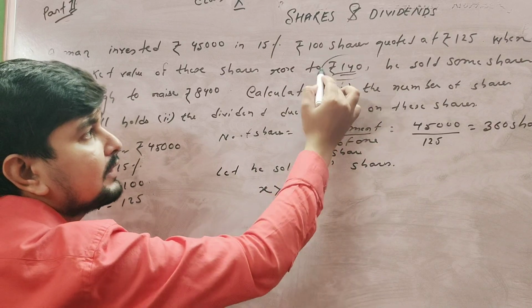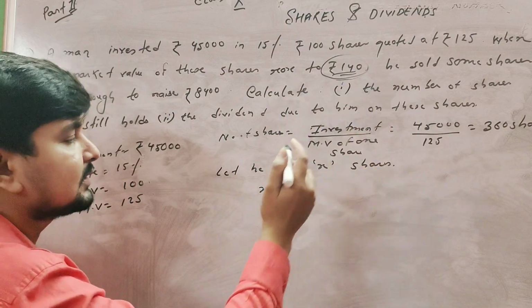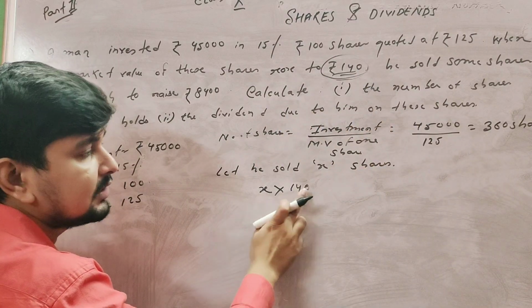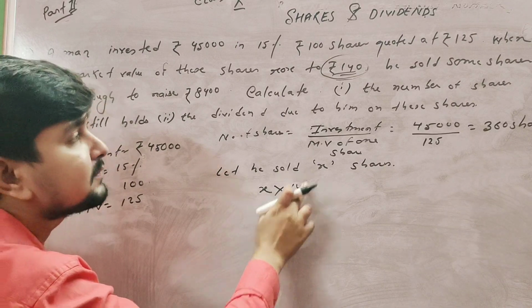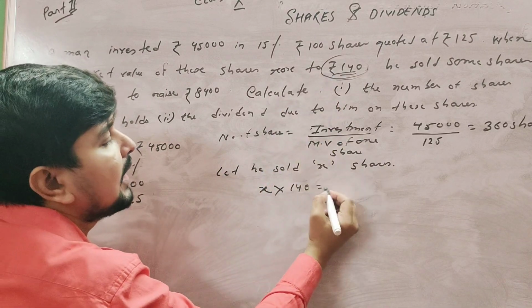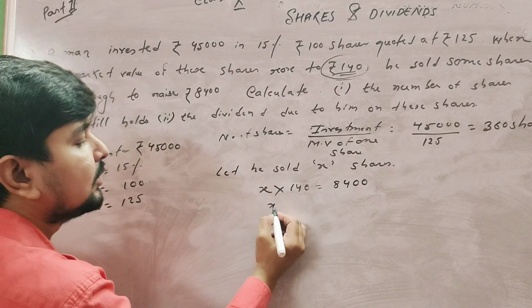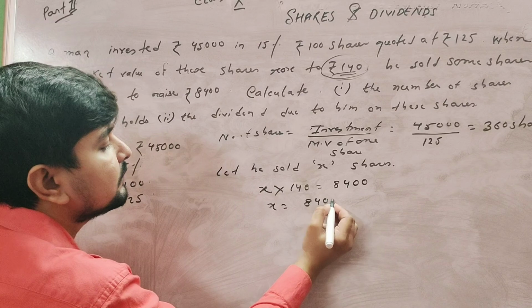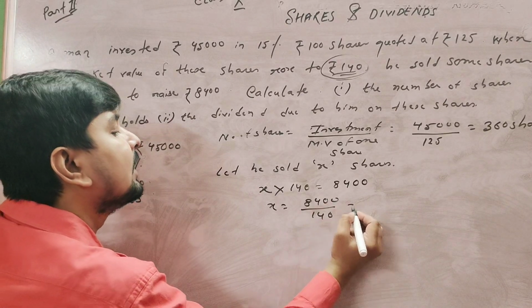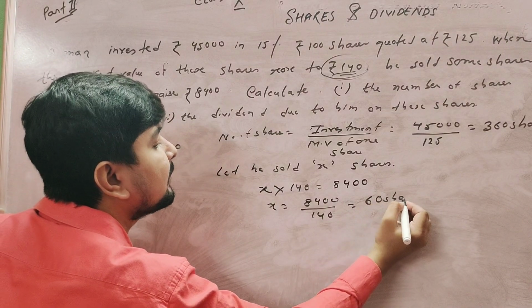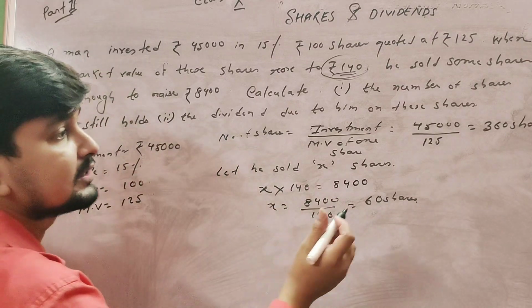Because he sees this price, he wants to sell his shares. Number of shares into current market value 140, and he wants to collect only 8400. So X equals 8400 by 140, which is 60 shares.